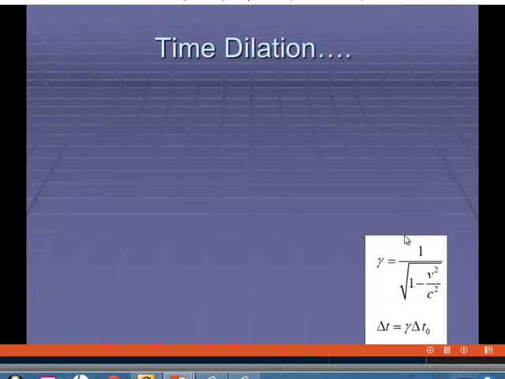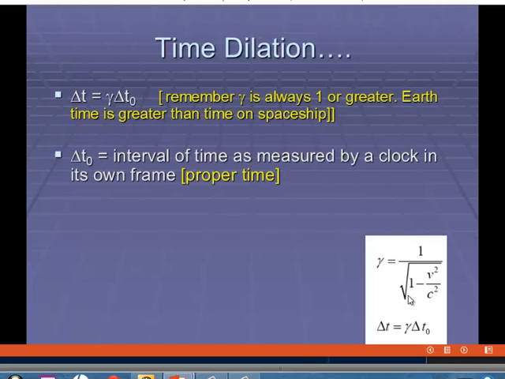So let's recap on time dilation. These are the formulas here which you get given by the IB. You've got to remember that the Lorentz factor is always 1 or greater, so time on Earth is greater than time on the spaceship. So that's one thing to recognize.